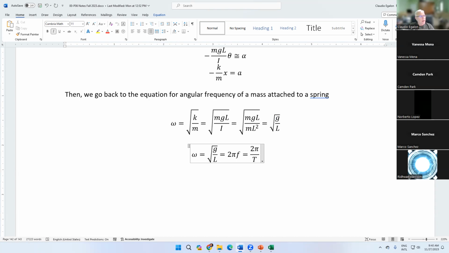That's how we can go another step to find the period of my pendulum, in terms of the length of the pendulum and the acceleration of gravity.